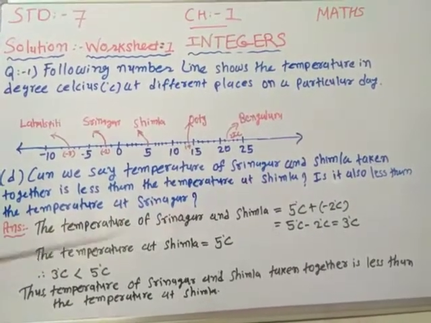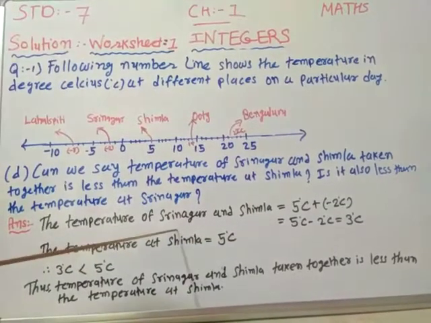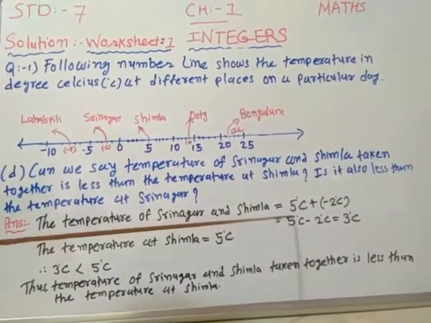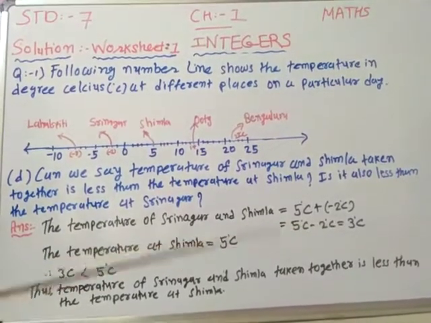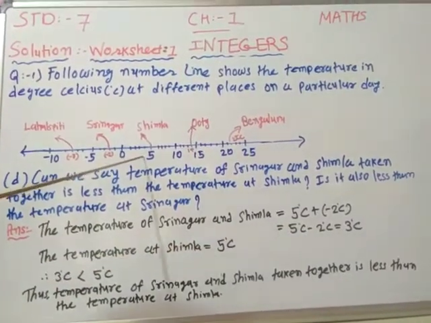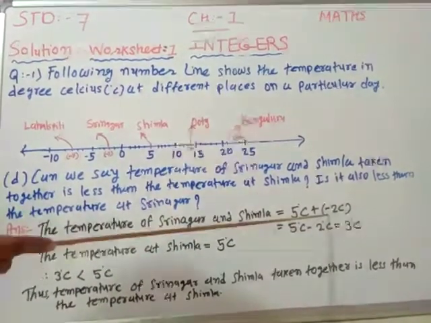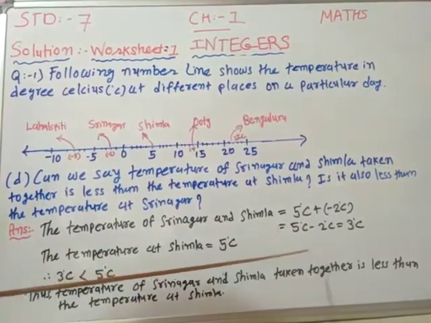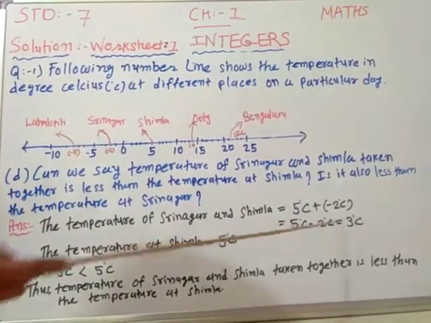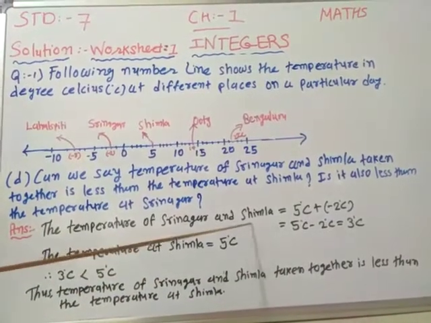The temperature of Srinagar is -2 and the temperature of Shimla is 5. So 5 degrees Celsius plus -2 degrees Celsius, plus minus becomes minus. So 5 minus 2 is equal to 3 degrees Celsius. So that is the temperature of Srinagar and Shimla.